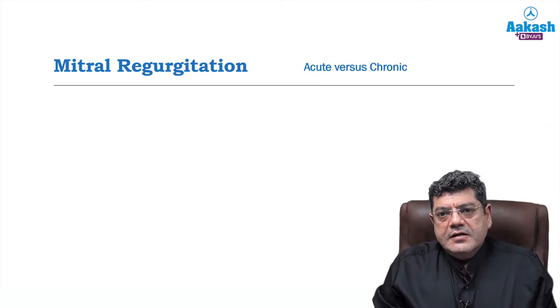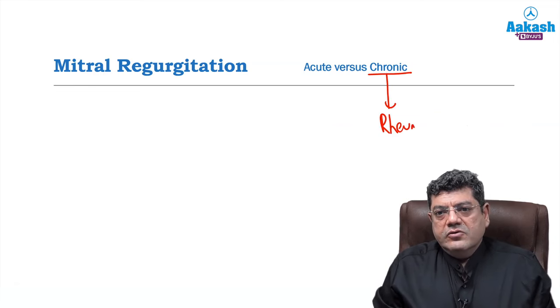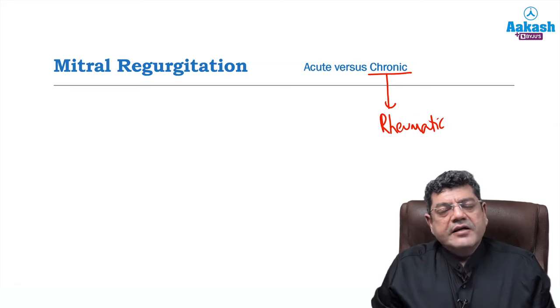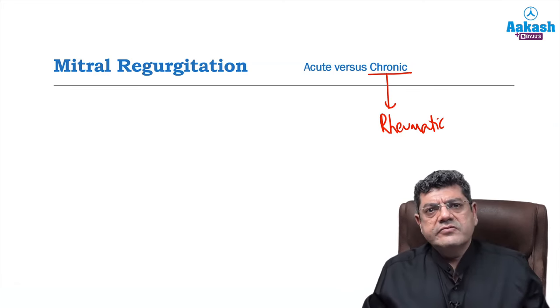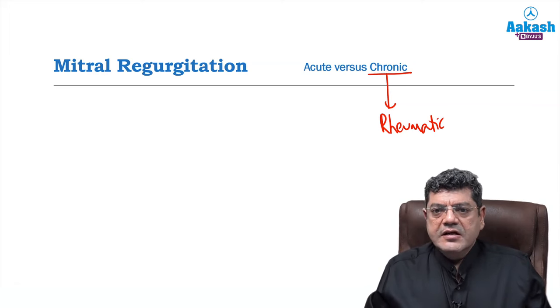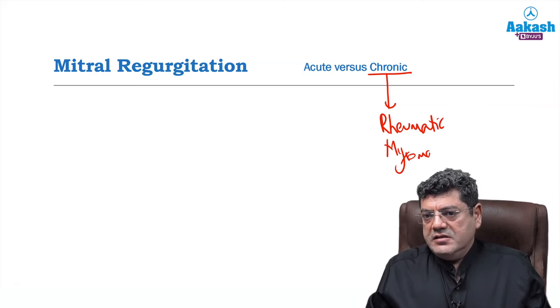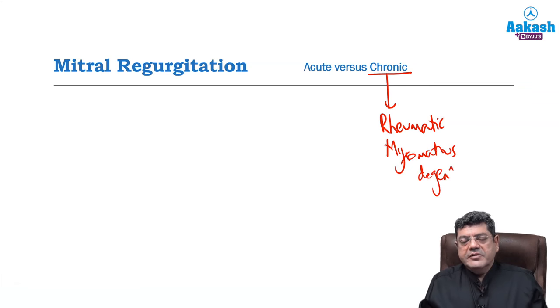Chronic MR, the causes are, we all know, rheumatic origin, right? So acute rheumatic fever going on to rheumatic heart disease with mitral regurgitation. Besides that, there is myxomatous degeneration, right? And myxomatous degeneration can occur as part of an entity called Barlow's disease.